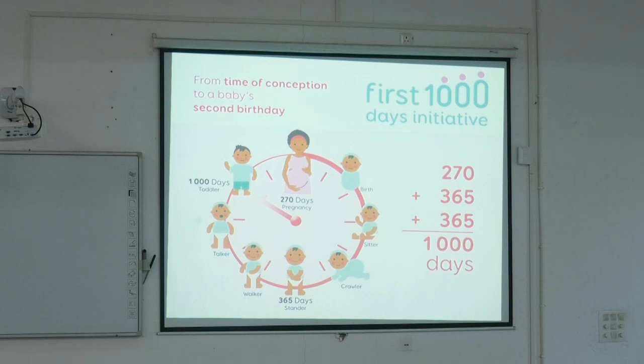So total 1000 days. And whatever the researches are coming up, if you can give good protection in terms of nutrition and immunization and everything, and developmentally supportive care to a child, then this child will be growing very well and developing very well.